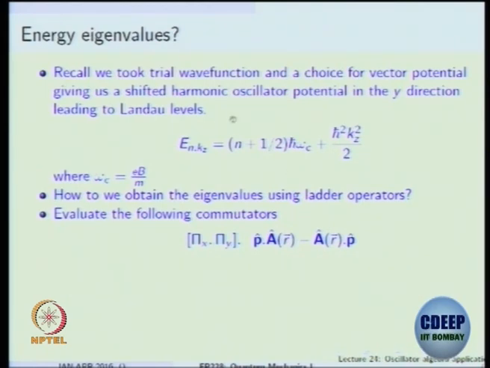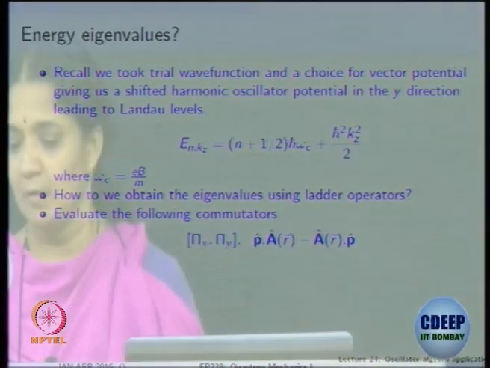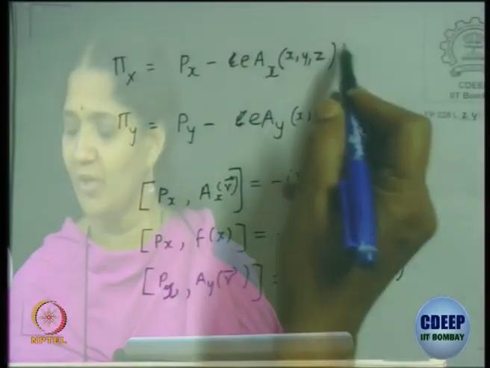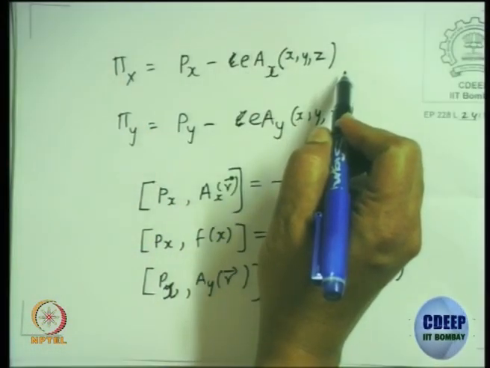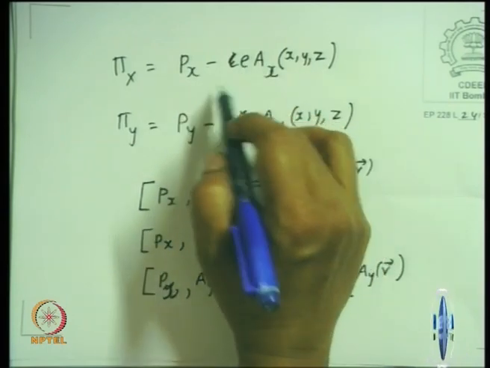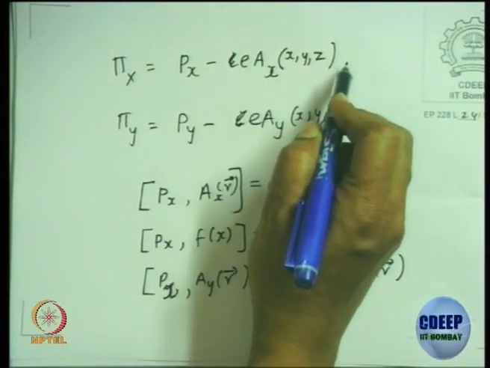So, a couple of things I want you to work out: the commutator of the x component with the y component for πx and πy, and similarly we know that for p with A and A with p, the order really matters. p dot A is not the same as A dot p. Just to take you through how in general the potentials are functions of positions: πx is px minus eAx, which is a function of positions.